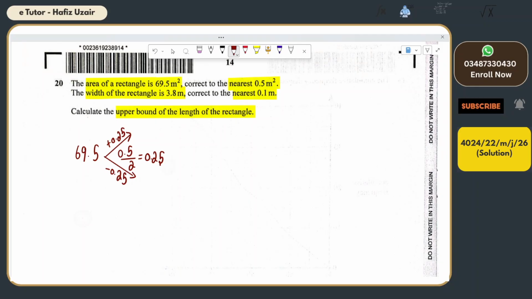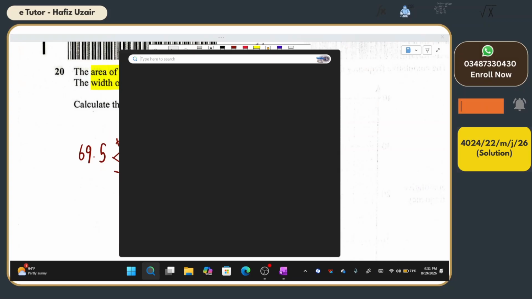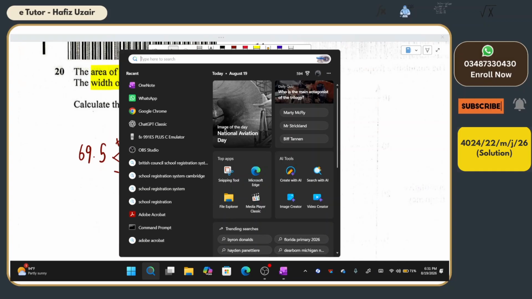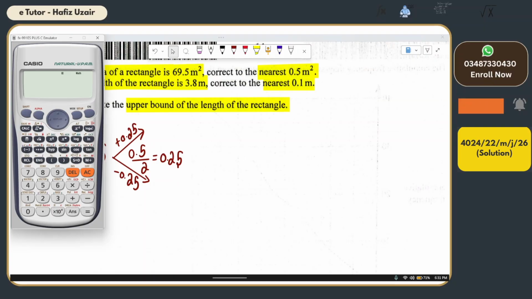Let's use the calculator. 69.5 plus 0.25 is 69.75, and 69.5 minus 0.25 is 69.25.